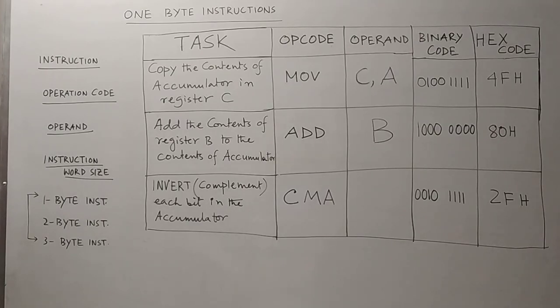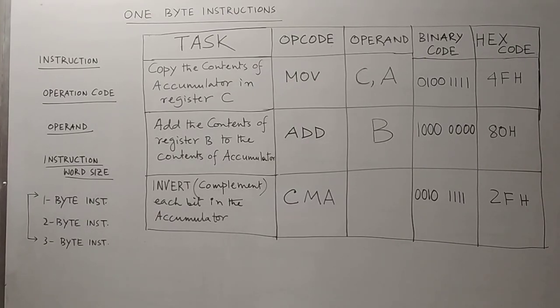In 1-byte instructions, a 1-byte instruction includes the opcode and the operand in the same byte. For example, you can see in the table there are different tasks.